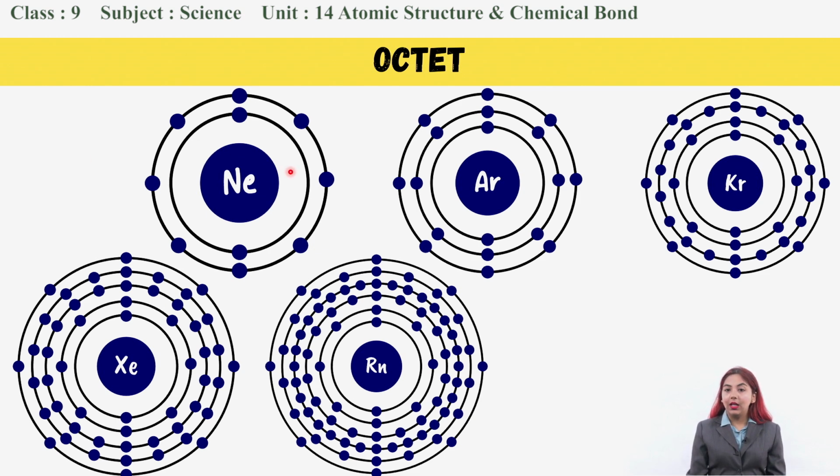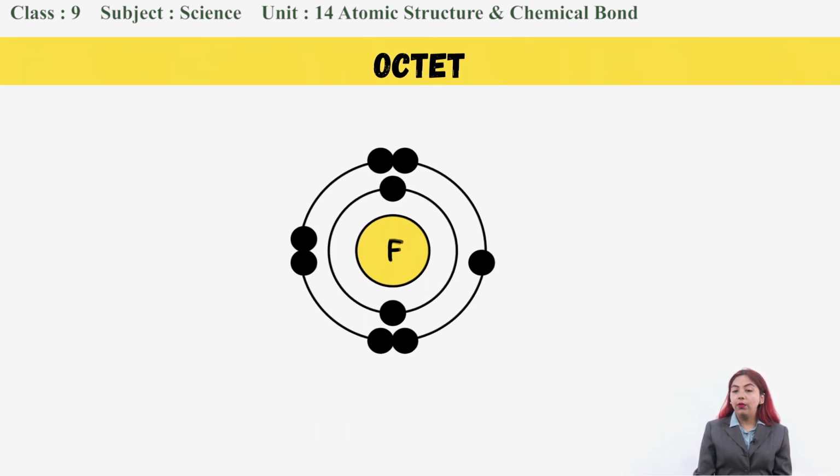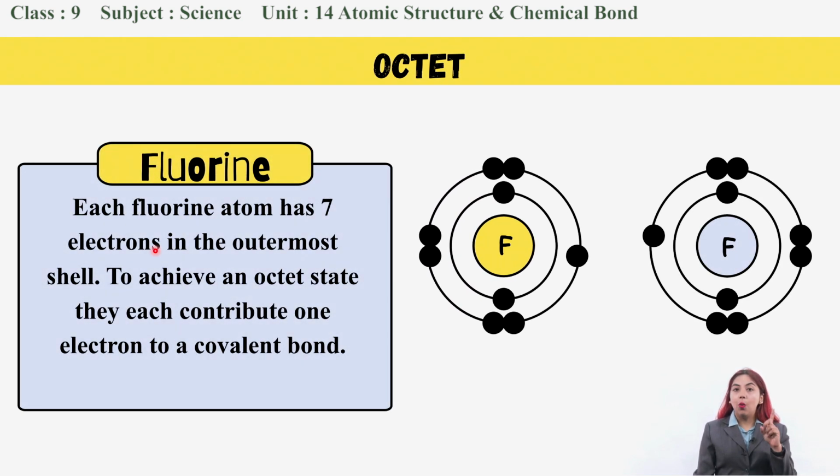Now let us take another example, fluorine. Fluorine has 7 electrons in its outermost orbit, as you can see here. So fluorine needs 1 more electron to reach the octet state. It shares the single electron present in its outermost orbit with another fluorine atom.